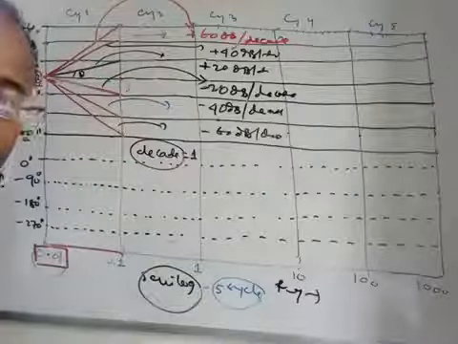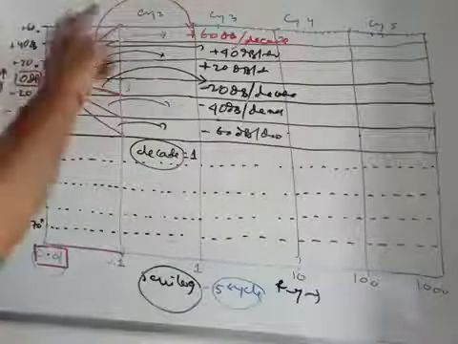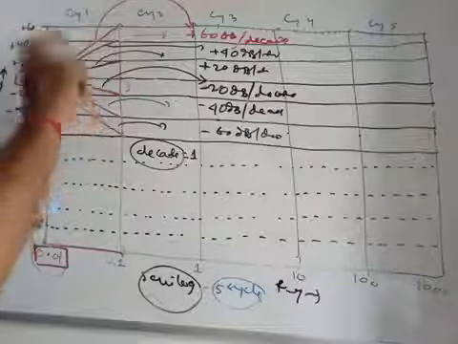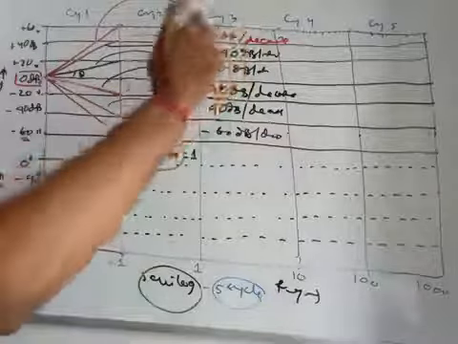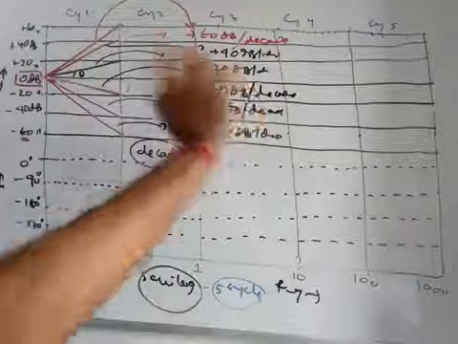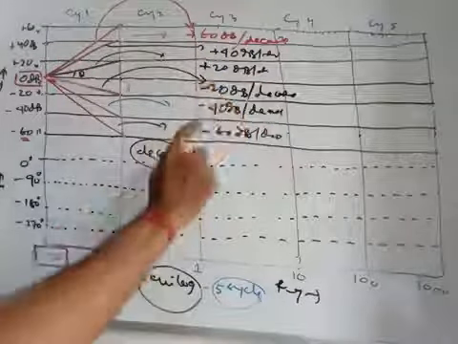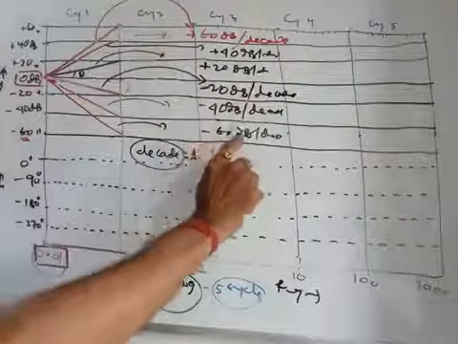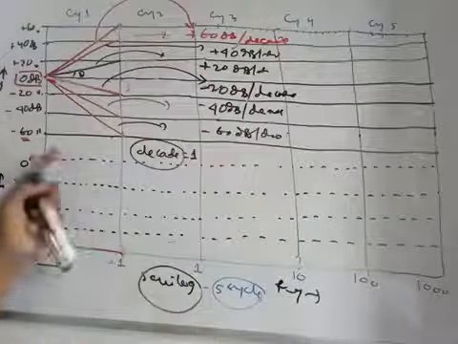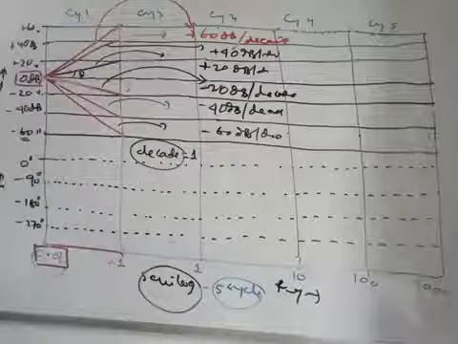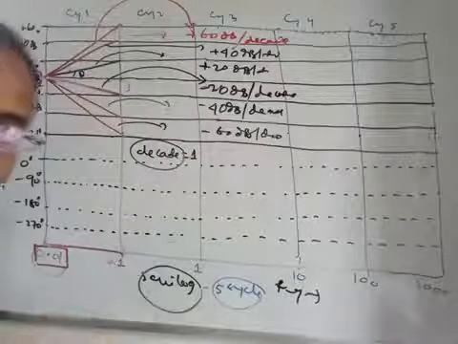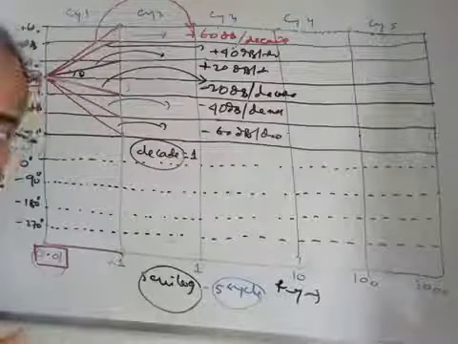So the slope contributions of these straight lines I have already drawn have the defined values: plus 60 dB per decade, plus 40 dB per decade, plus 20 dB per decade, minus 20 dB per decade, minus 40 dB per decade, and minus 60 dB per decade. So this understanding of change of slopes, or drawing of the slope, is very important when you are going to get the Bode plot, right?